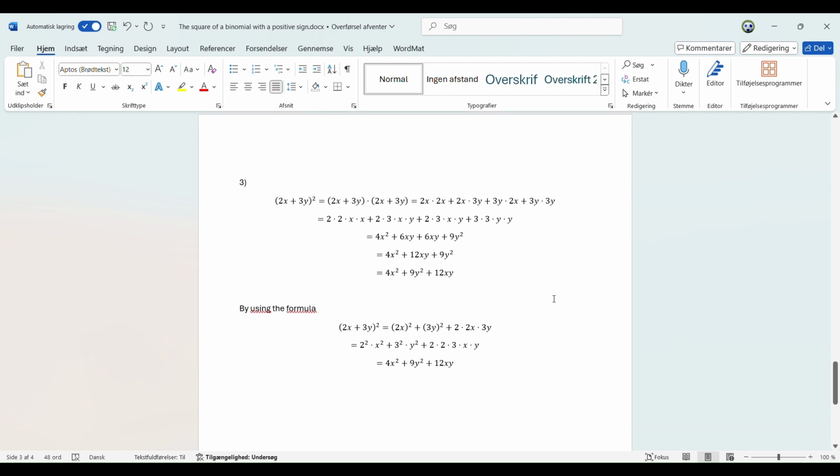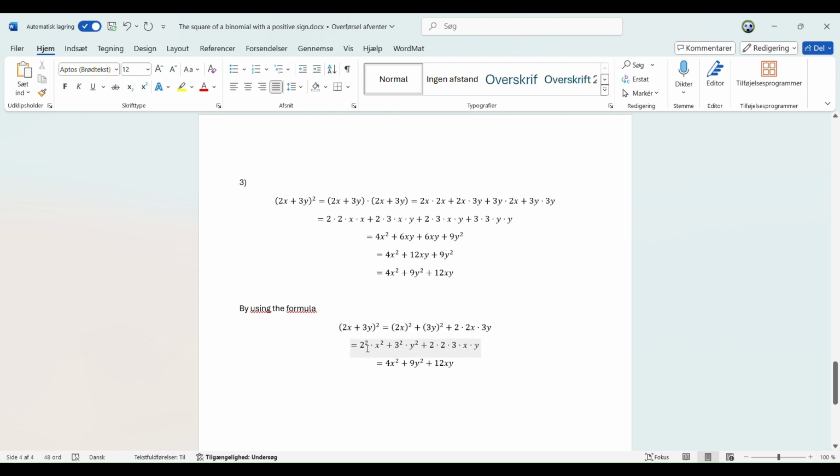If we had been using our formula, we would just have set the first term squared, that's (2x) squared. We have to have it in brackets to see that the power of 2 is used on both the number and the letter. Then we've got the second term squared, 3y squared, and 2 times the first term times the second term. That yields 2 times 2x times 3y. When we have an expression like 2x in brackets squared, we have to square both the number and the letter.